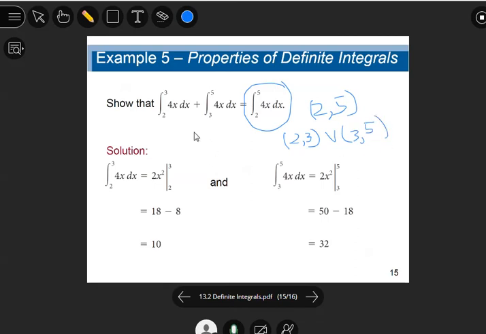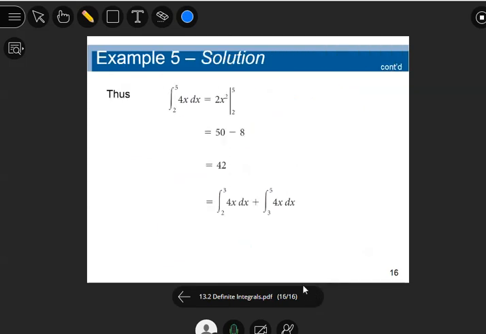I mean I find this one and this one separately. The value of the integral between 2 and 3 is 10 and the value of the integral between 3 and 5 is 32. So the total integral is the summation of these, so it must be 42. Then if you integrate 4x between 2 and 5, it becomes 42.